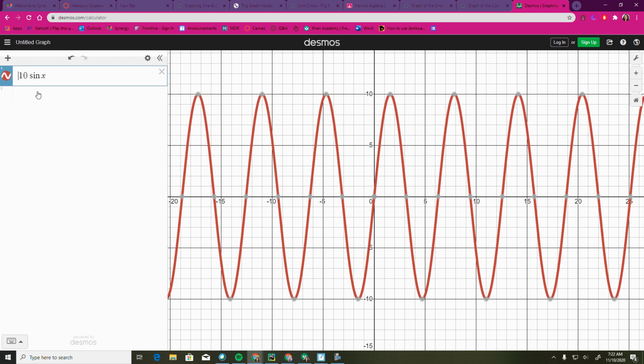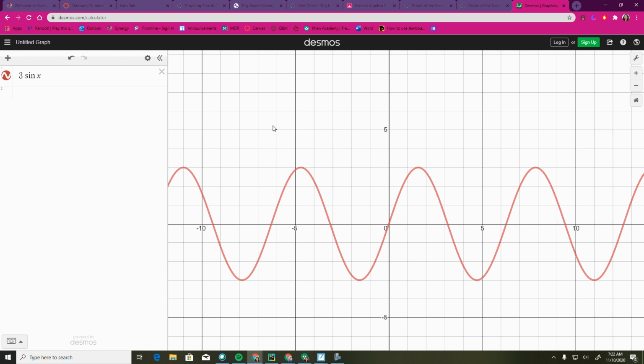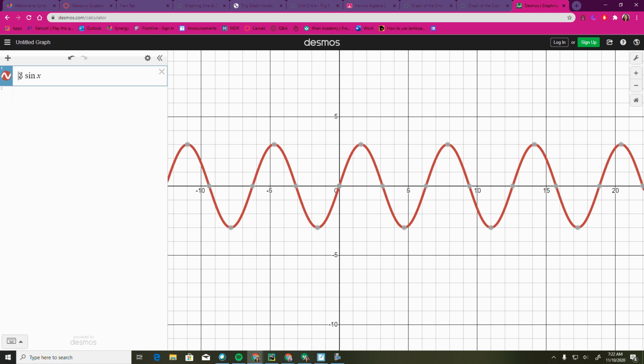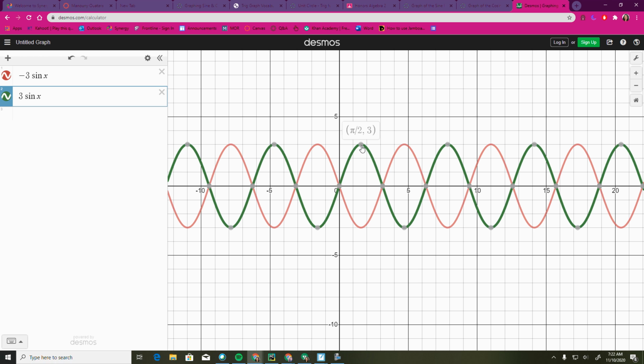What happens if I put a negative number? Let's say I put a negative number in for A. What do you think is going to happen? If you just caught that, all of the hills in the positive one, like 3 sine of x, turned into valleys.